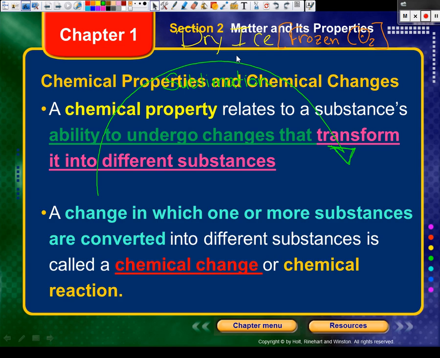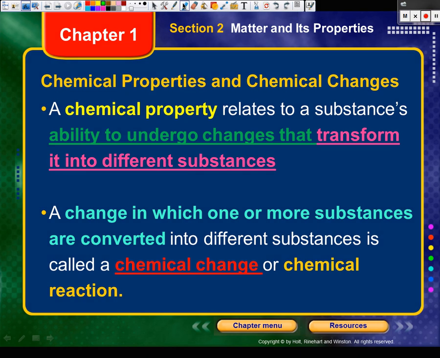Okay? All right, so chemical properties. Again, a chemical property relates to a substance's ability to undergo changes. So again, we're talking about the ability to change and transform into different substances. So the key there is this ability to change to different substances. Some things change very easily. Some things are harder to make change. Some things go naturally.